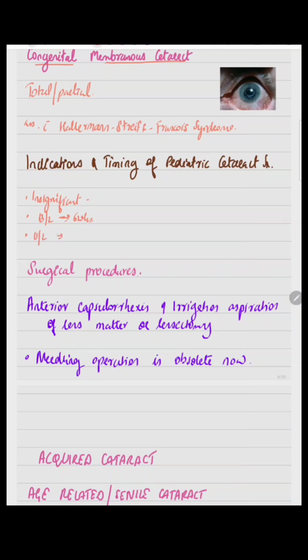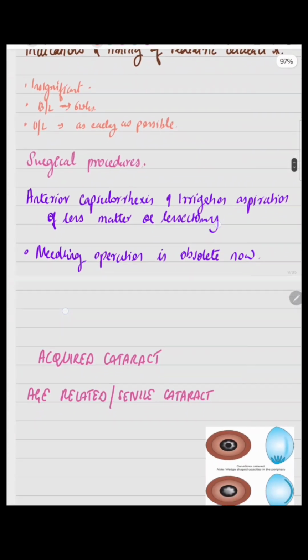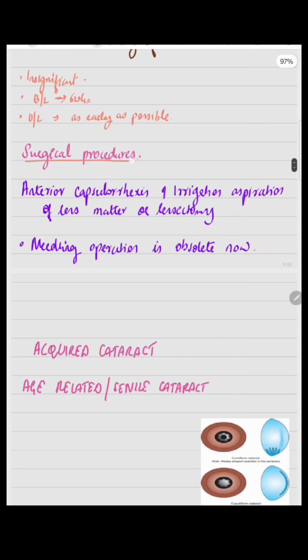For unilateral dense cataract, it is done as early as possible, within days after birth. Prognosis is usually poor. In order to prevent amblyopia, we do this. Surgical procedures in pediatric cases are anterior capsulectomy and irrigation aspiration of lens matter, or lensectomy. Needle operation was done before, now it is obsolete.